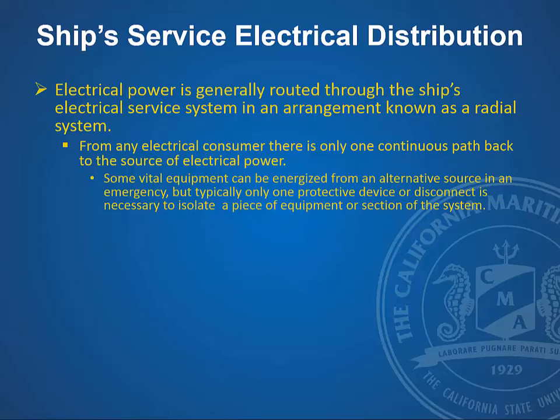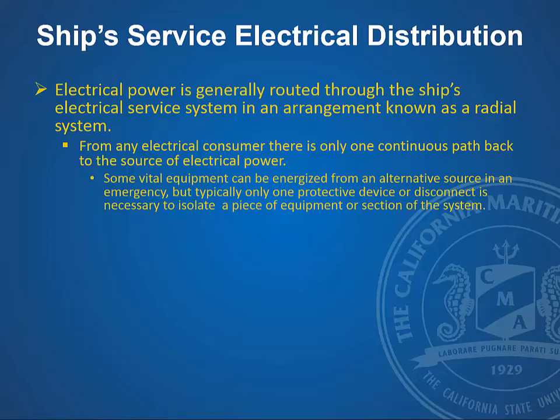In the case of the simulator, the number 2 ventilation, both your exhaust and supply blowers, can be supplied from either the emergency or the main switchboard. That's the only piece of equipment that breaks this rule.